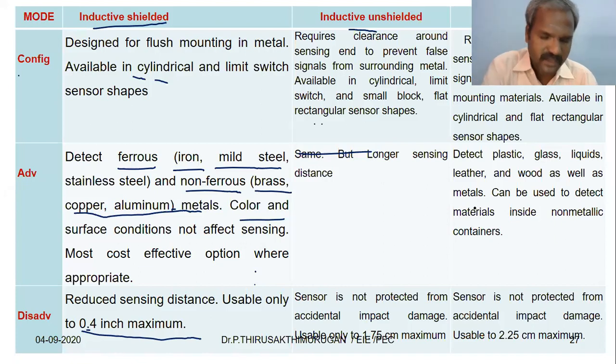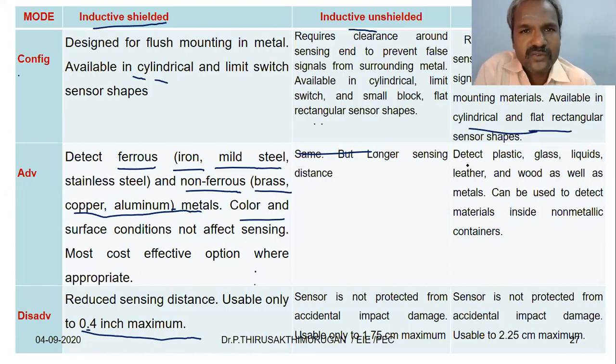Similarly, the capacitive transducer requires clearance around the sensing head to prevent false signals from the surrounding mounting materials. Available in cylindrical and flat rectangular shapes. Capacitive transducers detect plastic, glass, water, liquids, leather, wood, mica, as well as metals.